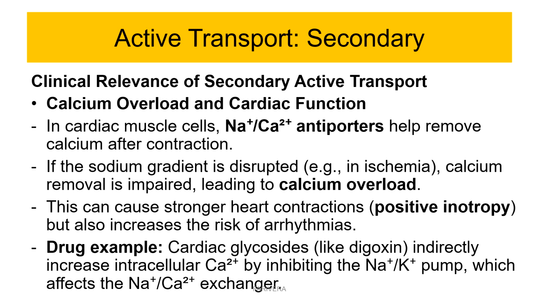If the sodium gradient becomes disrupted, calcium removal may be impaired, so calcium can then accumulate inside the cell. This may influence cardiac contraction, but also contribute to abnormal cardiac rhythms. This particular slide connects this mechanism with cardiac glycosides such as digoxin.